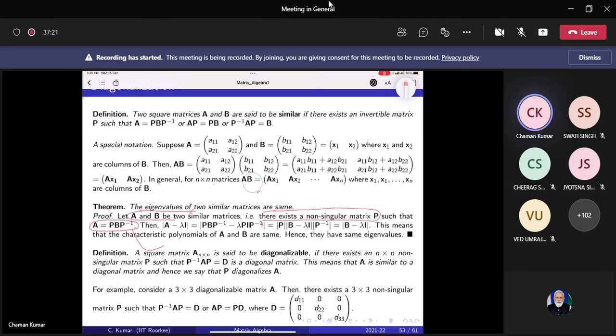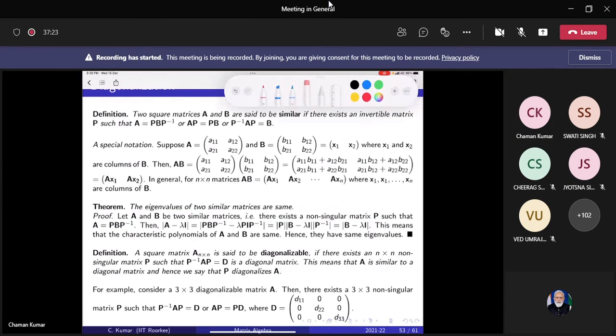So we have reached up to this expression. Now you can take P and P inverse outside. So you get a determinant of P into determinant of B minus lambda I into determinant of P inverse. Okay.